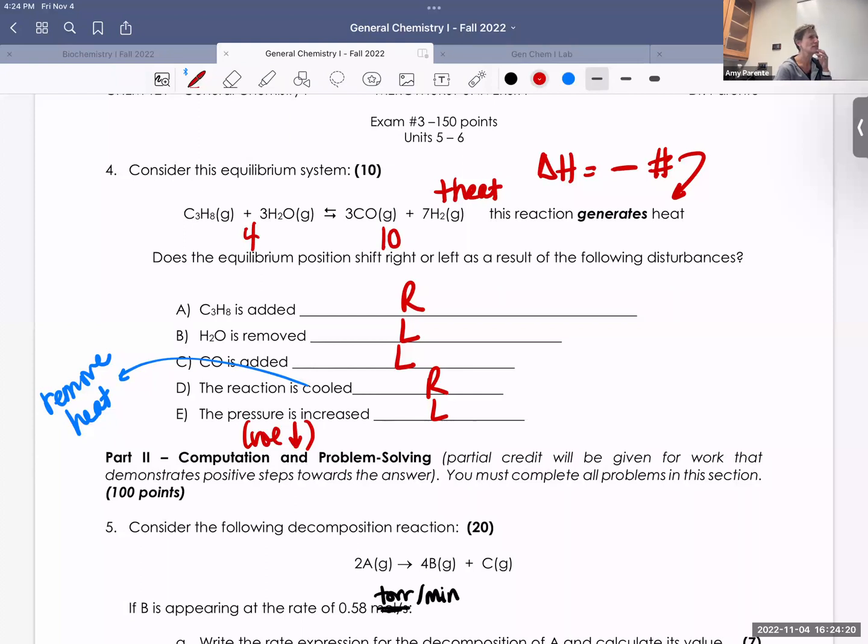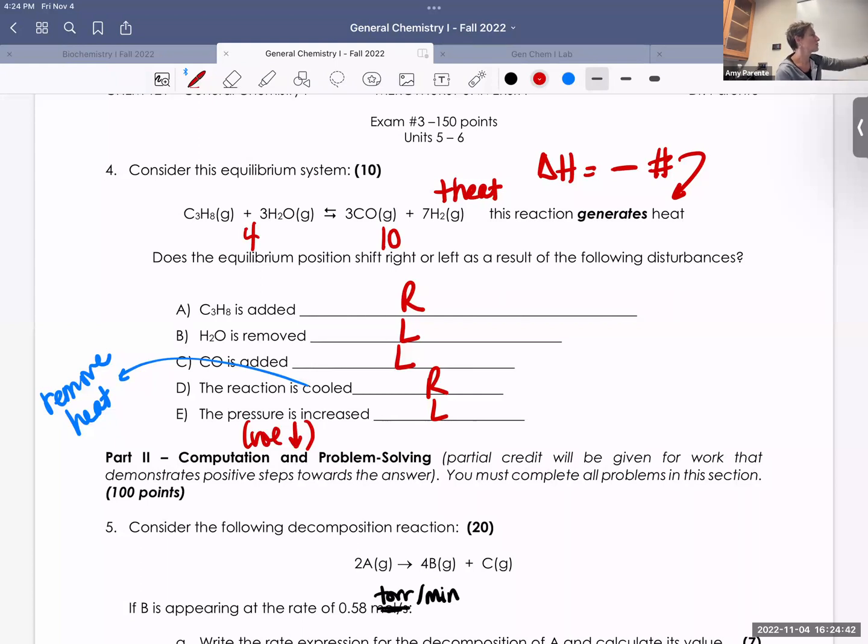Anything on this first qualitative stuff? I was thinking of it more as the kind of graph, the picture that you gave us. Yes. Yep. So you have to count the number of molecules, right?